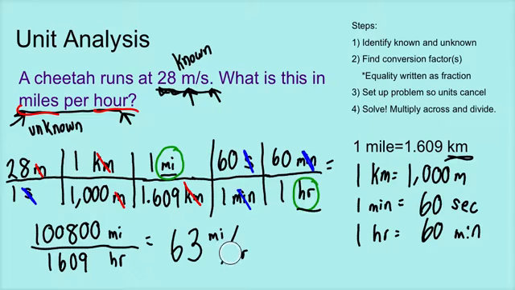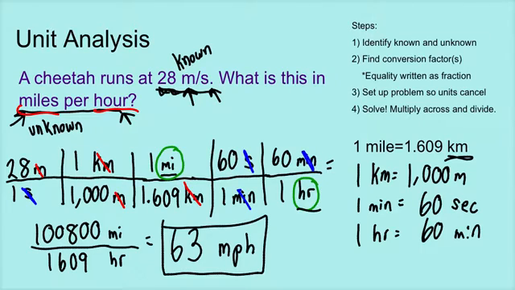Remember, miles per hour, for some reason we tend to write it as miles per hour. It means exactly the same thing. Either way is fine. So a cheetah runs at 63 miles per hour. And we got that by just following the steps and using the conversion factors. This is probably one of the more complicated ones that you'll see. Hopefully that made that a little clearer.